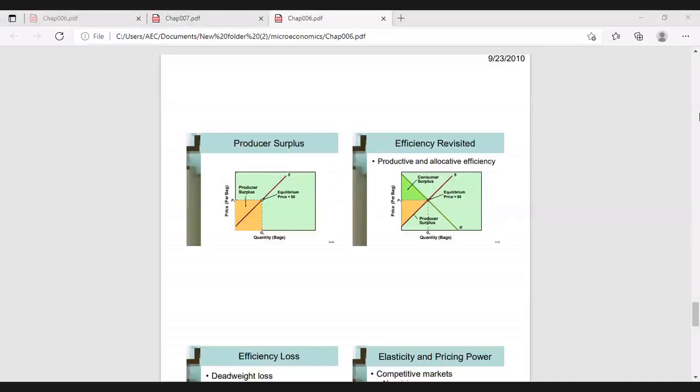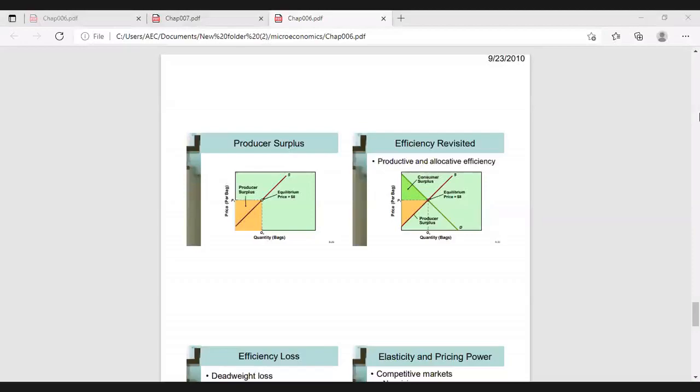And if we produce less, then for some quantity marginal benefit is greater than marginal cost, but we are not getting that benefit because we are not producing.